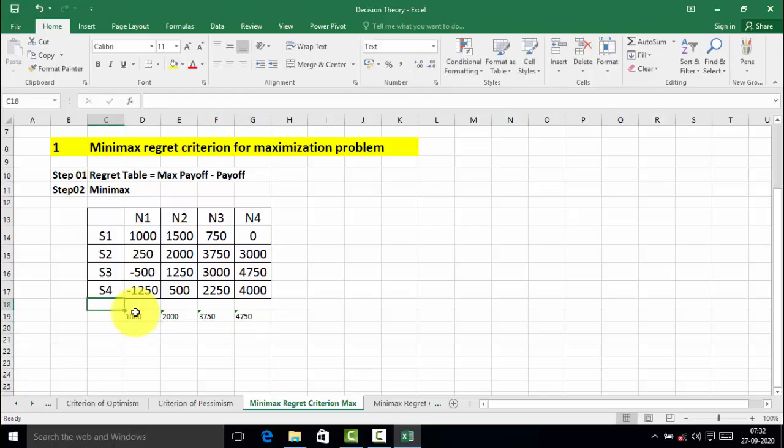According to the formula, we subtract the remaining elements of this A1 column from the maximum payoff: 1000 minus 1000, 1000 minus 250, 1000 minus 500, 1000 minus 1250. Our new matrix will be 0, 750, 1500, 2250.